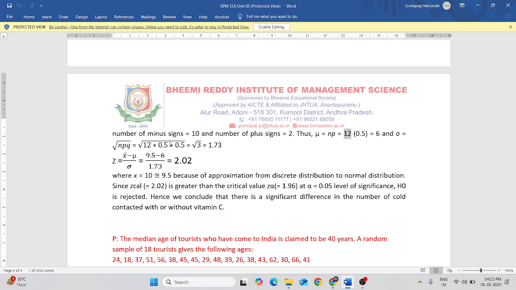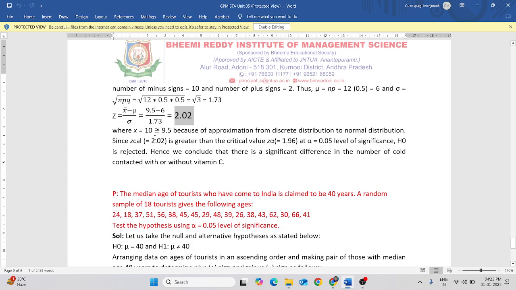Taking the square root we get 1.73. Substituting all the values we get 2.02.